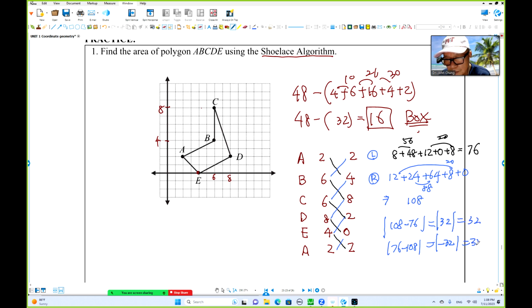But finally we can divide it by 2, right? So area will be equal to 32 divided by 2, equals 16. It's going to be the same number, okay? We just tried, okay, using the 2 methods. That is the shoelace. Remember this shoelace algorithm, okay?